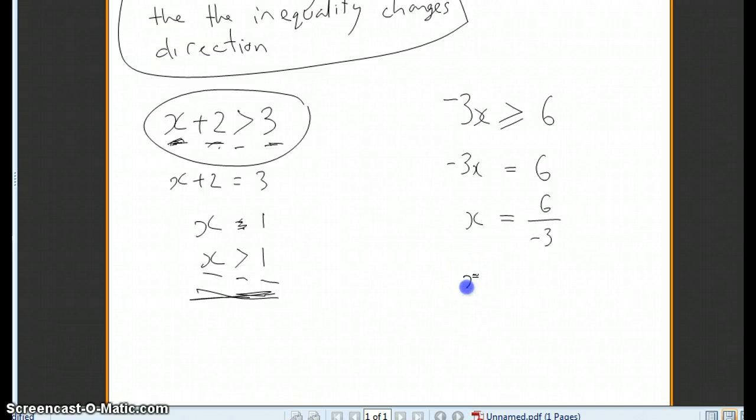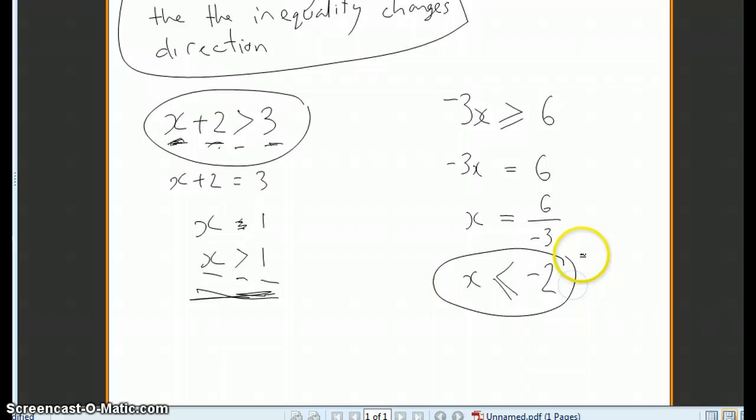Here it is. x is not greater than, it is less than or equal to, what's 6 divided by 3? 2. And it's negative, because a positive divided by a negative is a negative. Check my answer. x has to be less than or equal to negative 2.